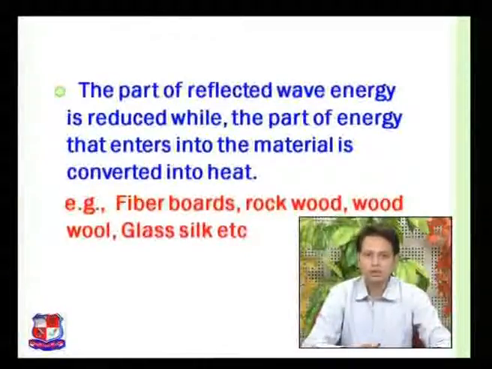Some examples used as sound absorbing materials, or porous materials, are those which are thinner from inside: fiber boards, rock wool, wood wool, glass silk, etc. These are the types of materials used as porous absorbers.